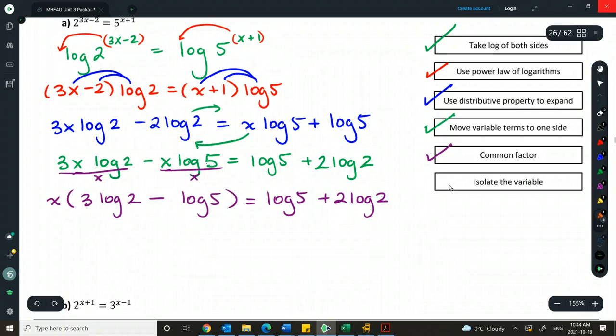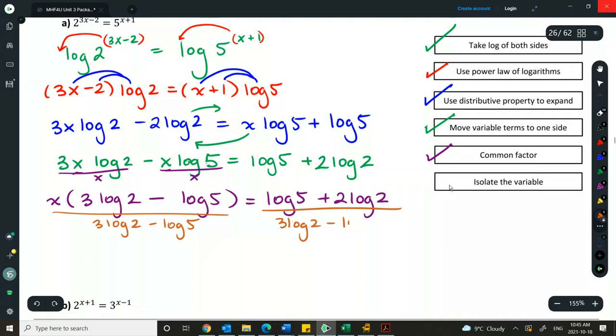Done. And then our last step is get the variable by itself. So I have x times this whole expression. I'm just going to divide this whole expression on each side so that it cancels. So this is gone, x is by itself.